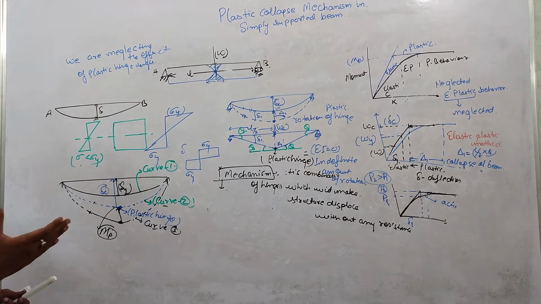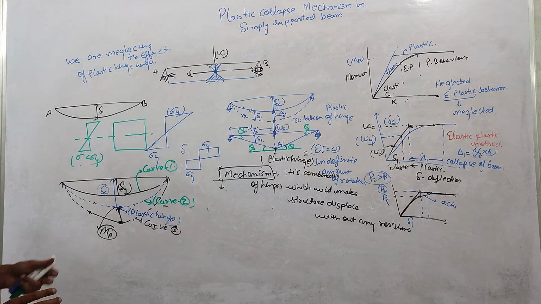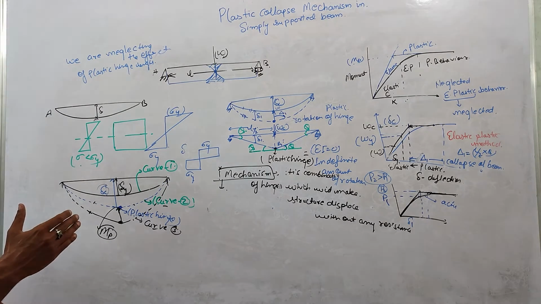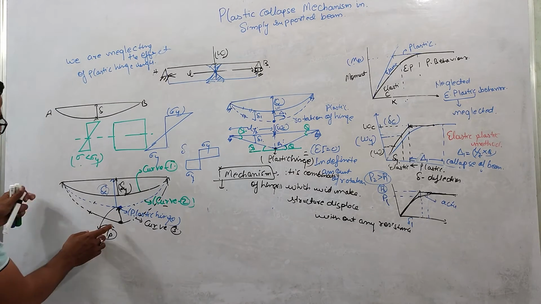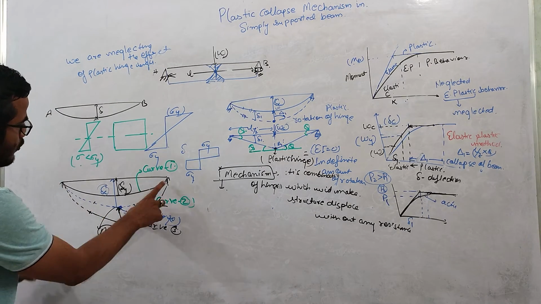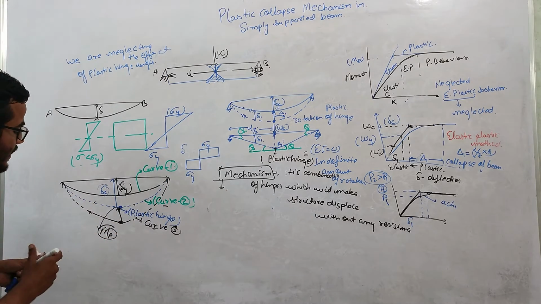And this is basically the basic idea of how the plastic collapse of a beam takes place in a simply supported beam. And one more thing is that between these two curves, we are assuming that these are elastic, but actually it is not the case.